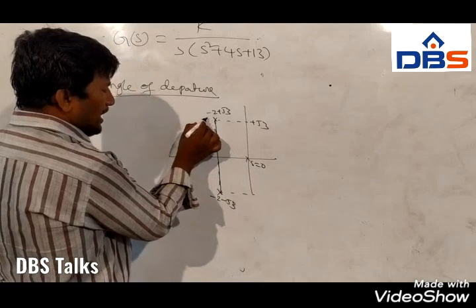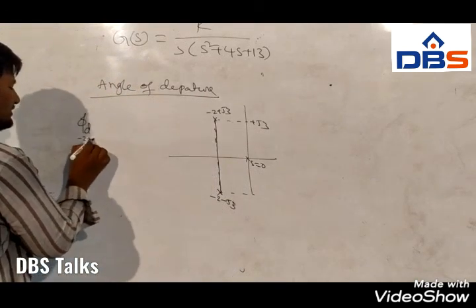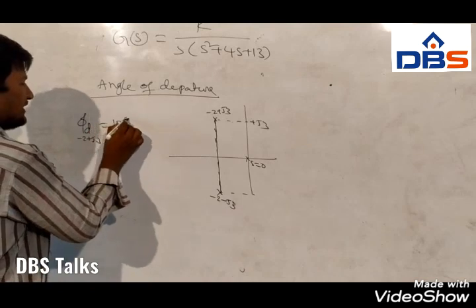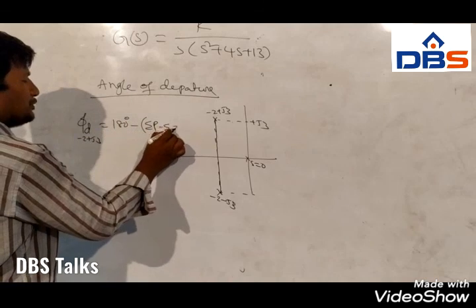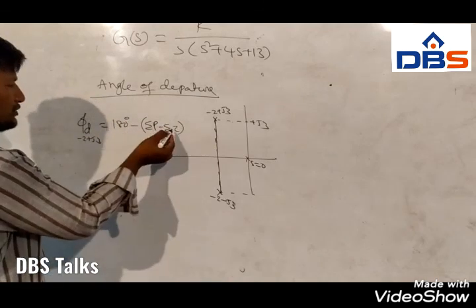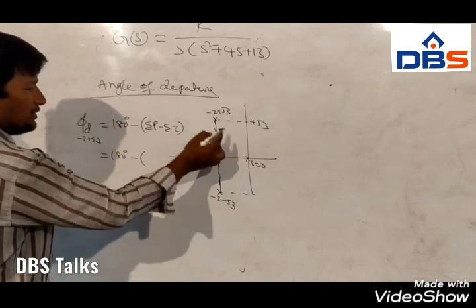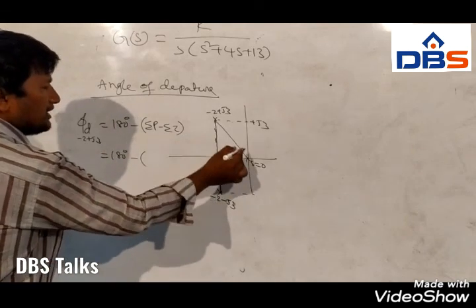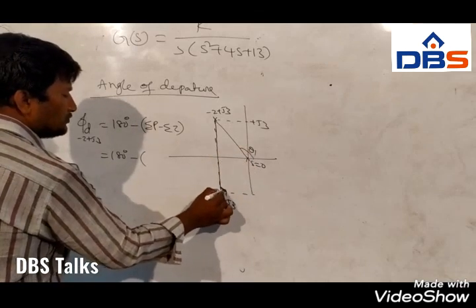From every pole I am calculating phi d. So phi d of -2 plus j3 equal to 180 degrees minus sum of pole angles minus sum of zero angles. Here there are no zeros, so 180 degrees minus sum of pole angles, which are theta 1 and theta 2.